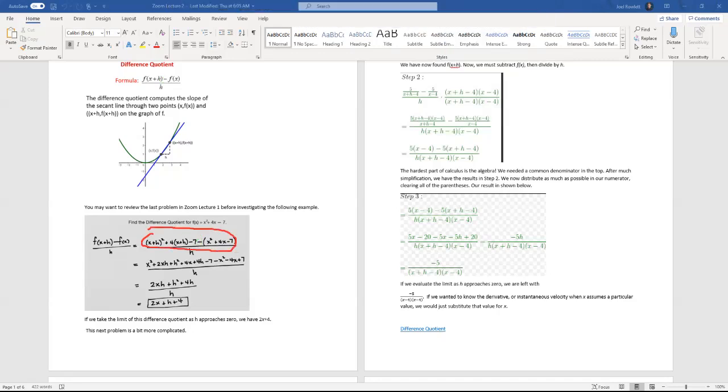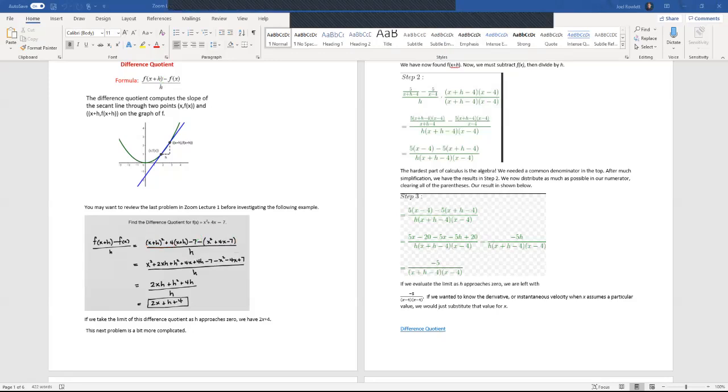And of course, the formula says that we have to divide by h, which is the run, and this would give us the slope. So what did they do after that? Well, this is actually the hardest part of the difference quotient. It's the algebra.